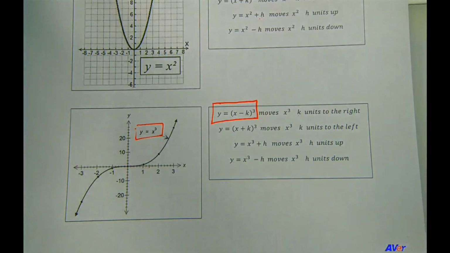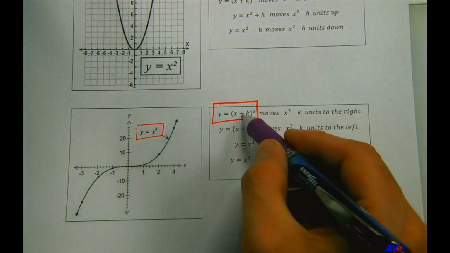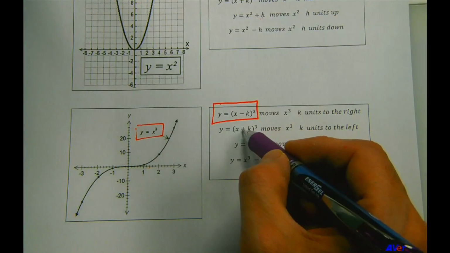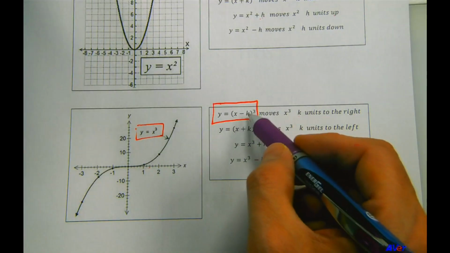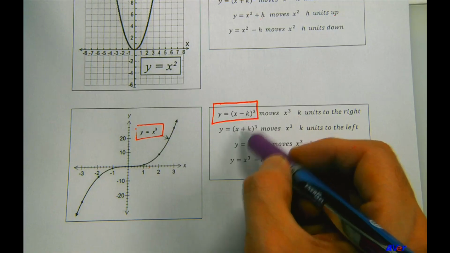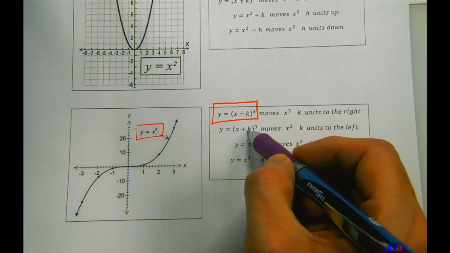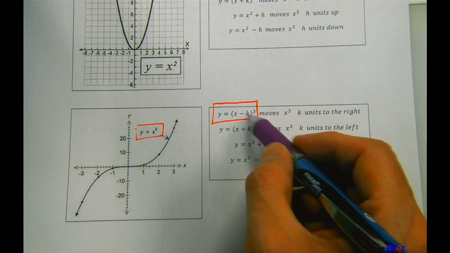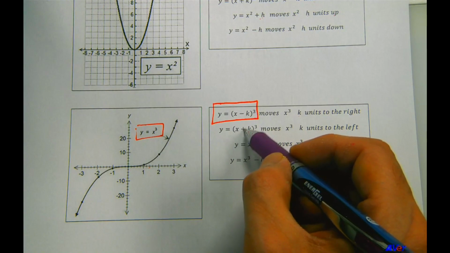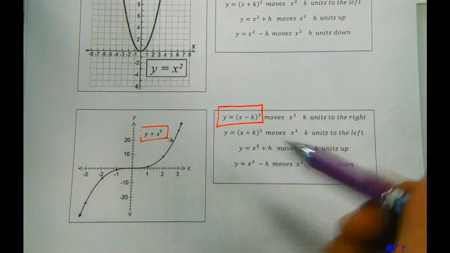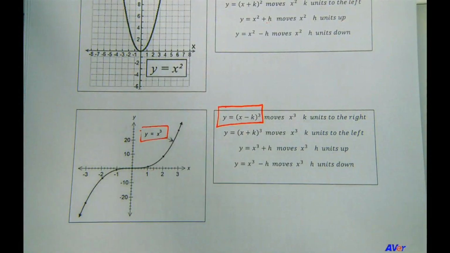Now, if that middle sign changes to positive, that indicates k must have been negative. So x minus something, or x plus something, let's say k is negative 3, so minus negative 3 would be x plus 3.